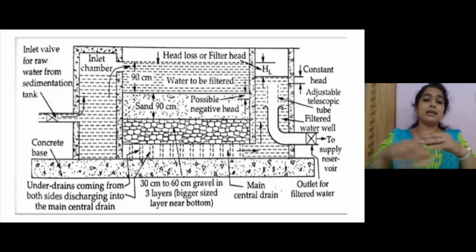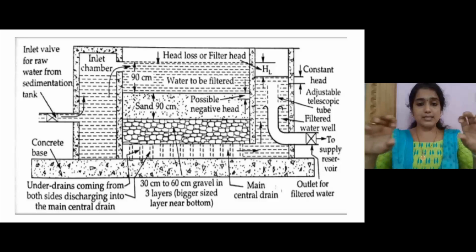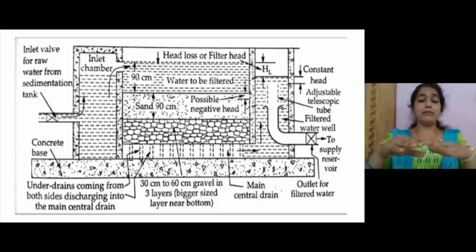Here you can see the filter media, the sand layer, marked as 90 centimeter. Below that, the supporting media, the gravel, is provided. And below the gravel, the filtered water collection mechanism is placed, that is, the drain pipes are provided.